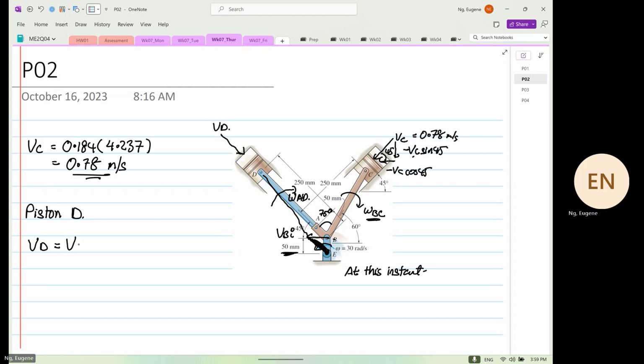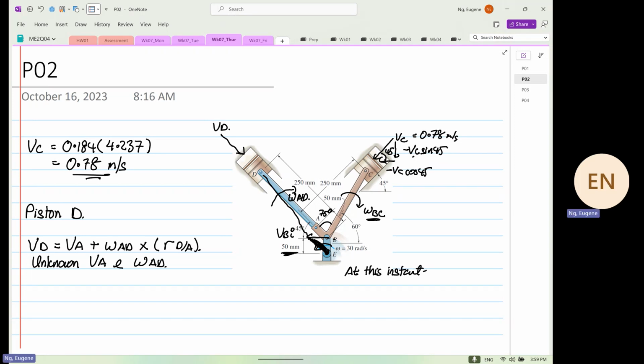VA plus omega AD cross R, D from point A. So we have unknowns, which are your VA and omega AD.